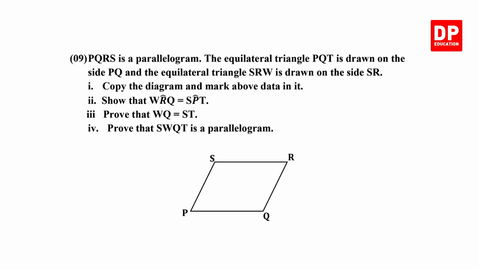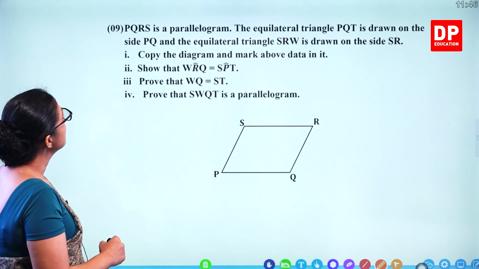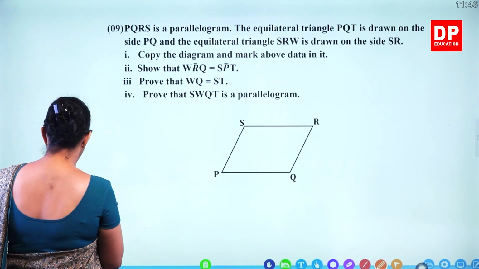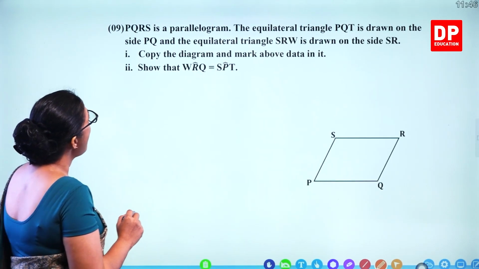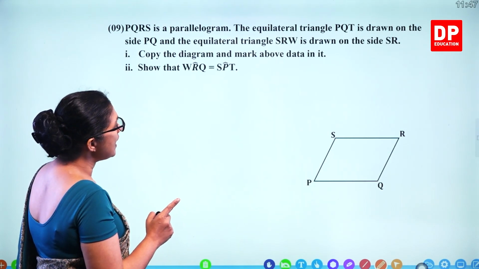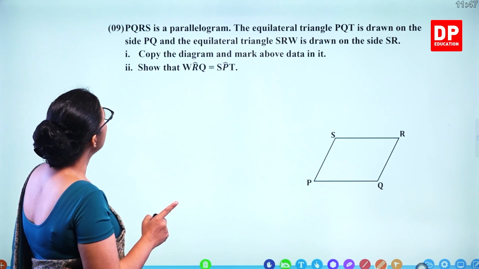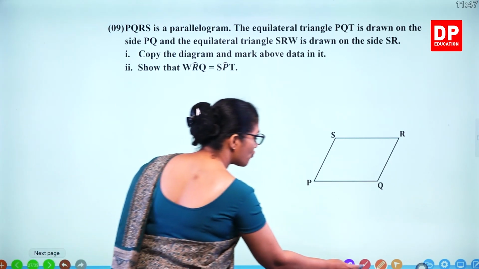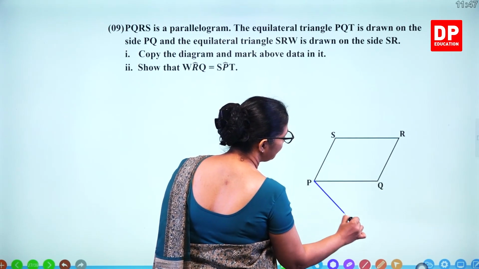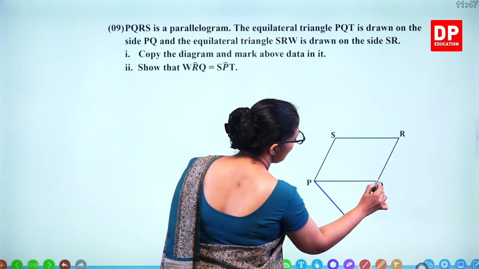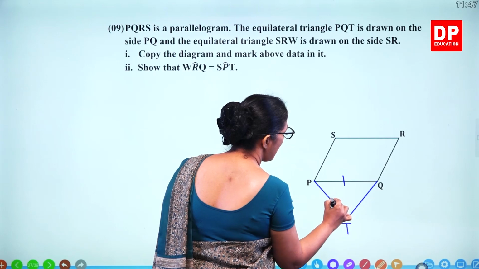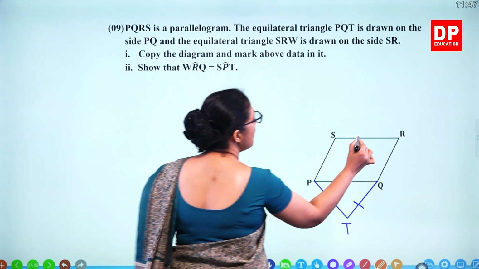Question number 9. You have to prove that. So 4 parts are there. So we'll do them separately. PQRS is a parallelogram. The equilateral triangle PQT is drawn on the side PQ. So we need to draw that. So T is somewhere here. All these sides are equal and this is a parallelogram.